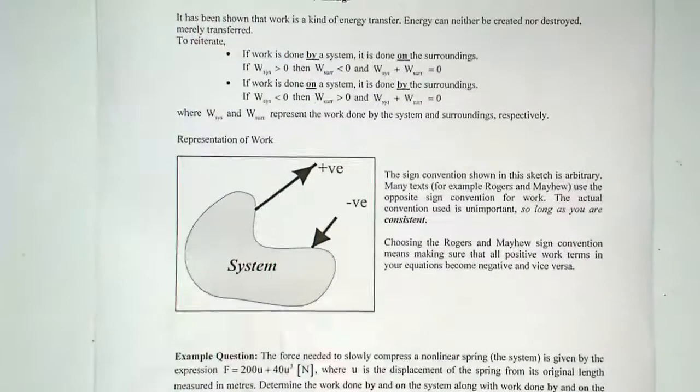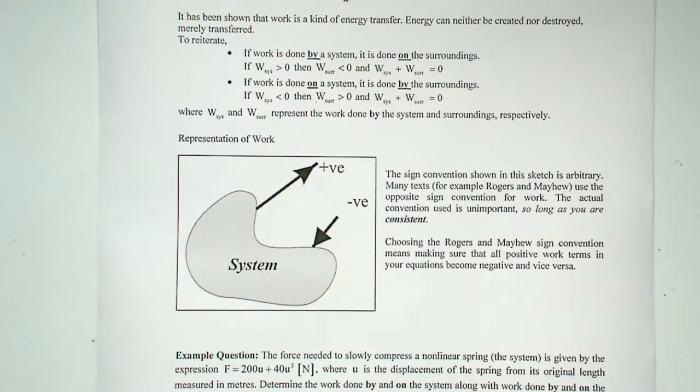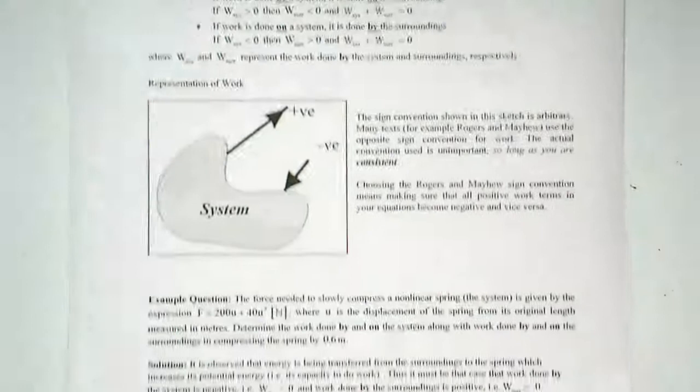And this rather confusing figure is just trying to say that gaining energy or losing energy could be seen as positive or negative work, and therefore it makes sense why different sources would treat these conventions differently. We have an example of Rogers and Mayhew, which uses the opposite sign convention, but again, that's not a concern, and we're not going to talk about this any further. We're just going to be consistent throughout, and that's what is important.